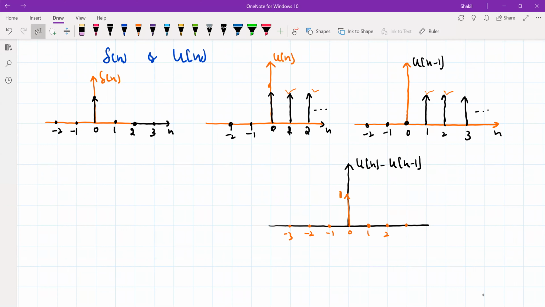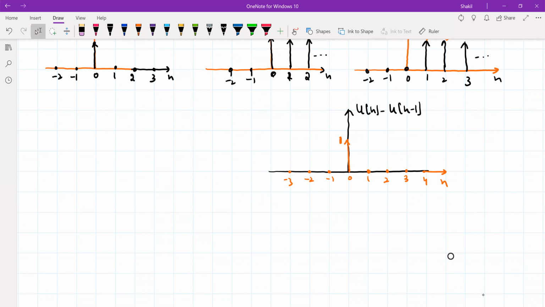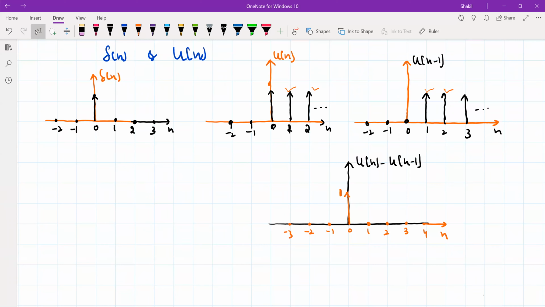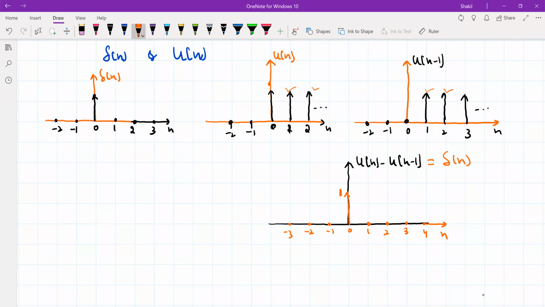So the remaining sample values are 0. If you subtract u of n minus 1 from u of n, you are left with a sequence that is the same as the delta sequence. So you can say delta n is u of n minus u of n minus 1.